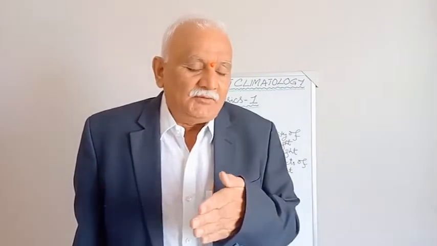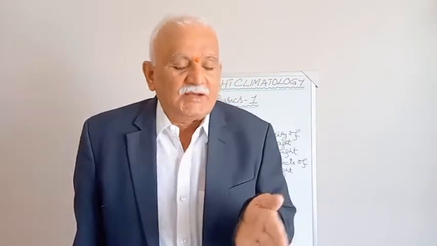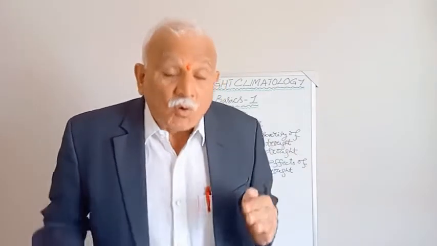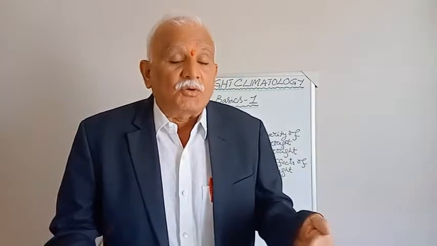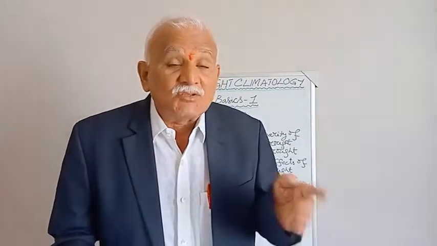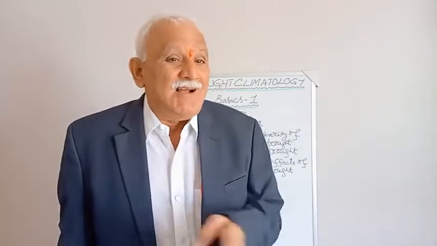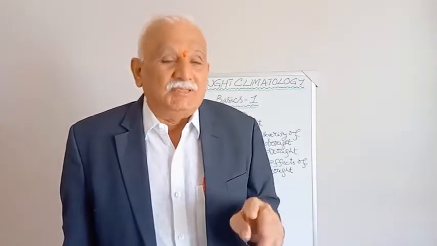There are different droughts which we discuss after a couple of minutes. Drought is a situation in which crops fail to mature because of insufficient soil moisture. Insufficient moisture, not water. Please note this.